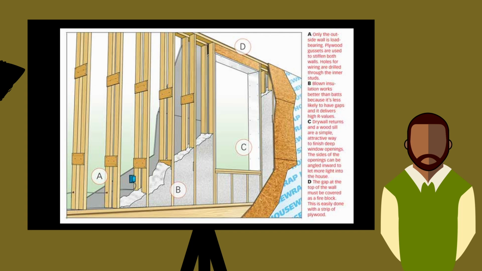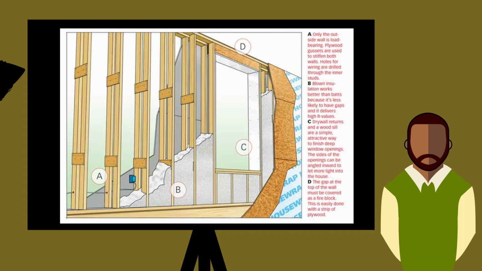And you could end up saving yourself a lot of money that way, which would be really nice. So maybe even look into that, even if you aren't necessarily in a position where you have to use 2x6s.